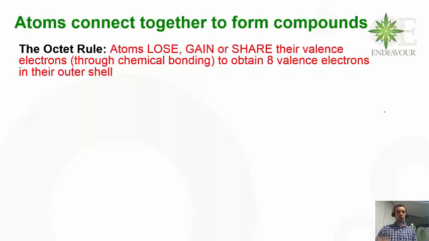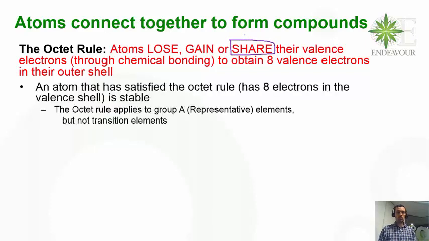So atoms will actually lose, gain, or share their electrons to try and get the right number. The lose or gain part comes from ionic bonding, but we're more focused on covalent bonding, which is all about sharing, because that's what happens in organic compounds. So once an atom has 8 electrons in its valence shell, we can say it's satisfied the octet rule, and that makes it stable.